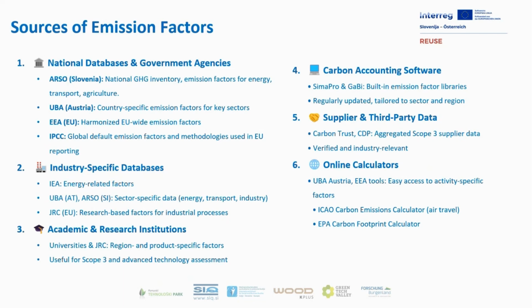Then fifth, for Scope 3 emissions, especially, collaborating with third-party data providers such as CDP or Carbon Trust, and encouraging local supplier data ensures more complete and verified reporting. And sixth, online calculators, including tools from UBA Austria or the European Environment Agency, offer accessible pre-filled emission factors for common activities.